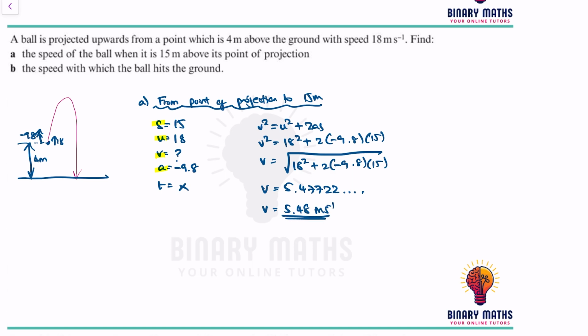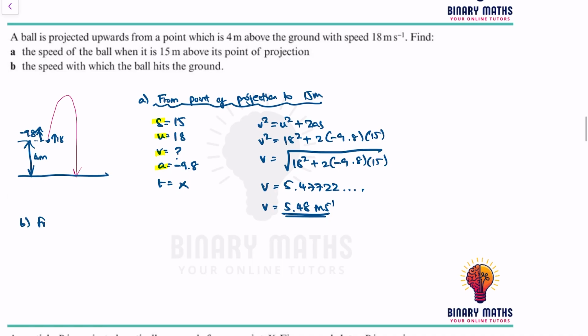The speed at which the ball hits the ground. So that means V is from the point of projection to the ground. Because it lands 4 meters below the starting point, the displacement is -4. Initial speed is 18. We're trying to find the final speed when it hits the ground.